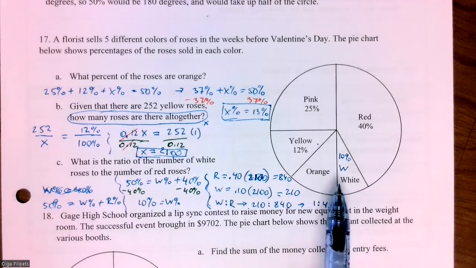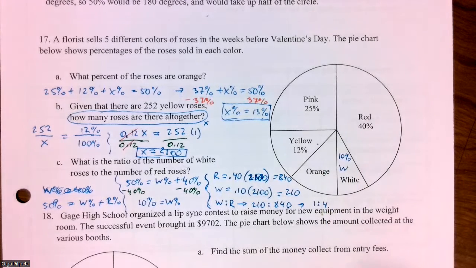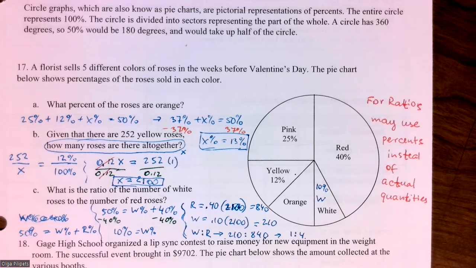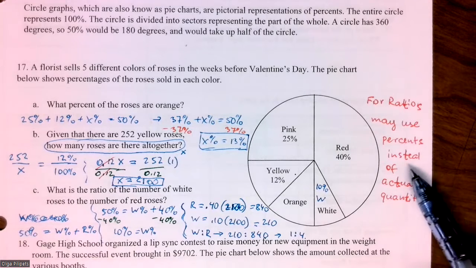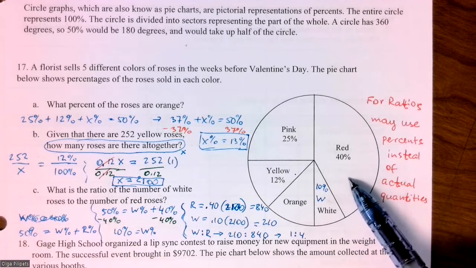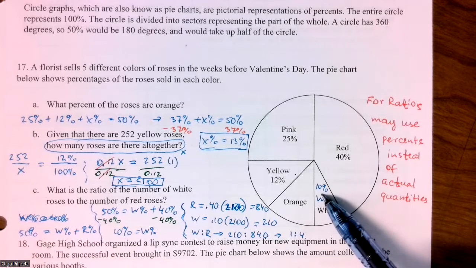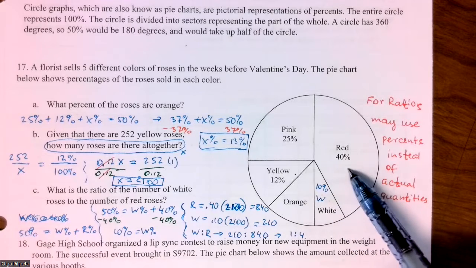Or if you knew the degrees for these angles, you could use those as well instead of the actual quantities. Okay, so here you go. For calculating ratios, you may use percents or percentages instead of the actual quantities. So instead of 210 and 840, you could use 10 and 40.